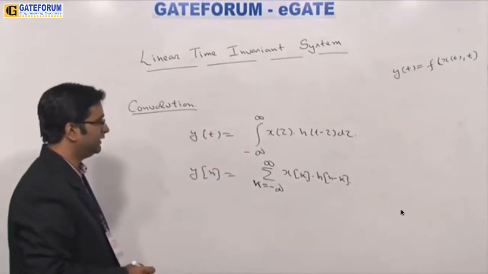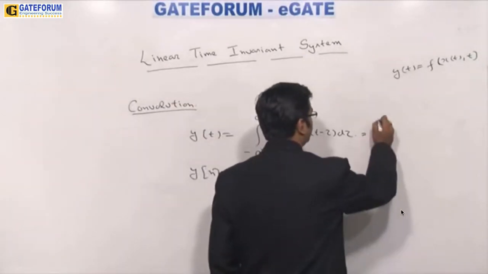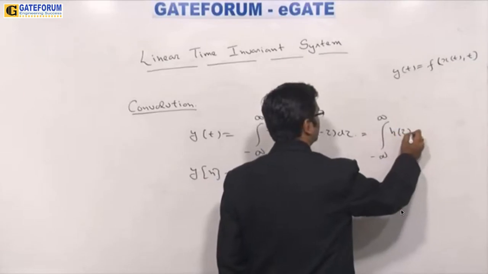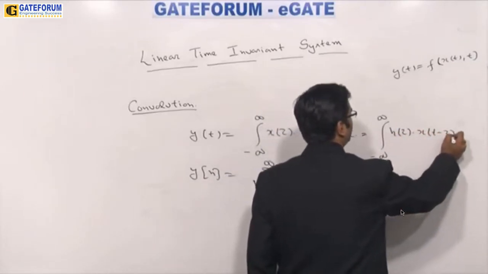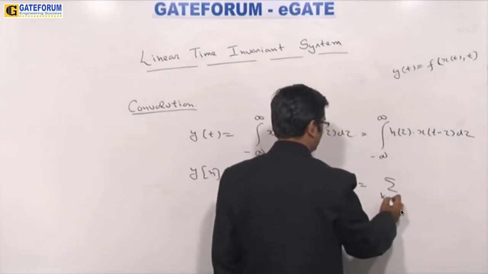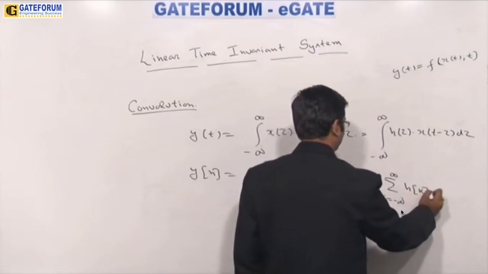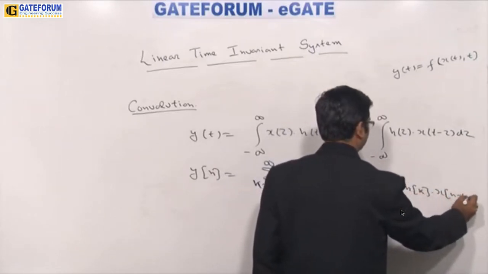Convolution operation is commutative, and I can write this also as the integral from minus infinity to infinity of h(tau) x(t minus tau) d tau, and as the summation over k equal to minus infinity to infinity of h[k] x[n minus k].